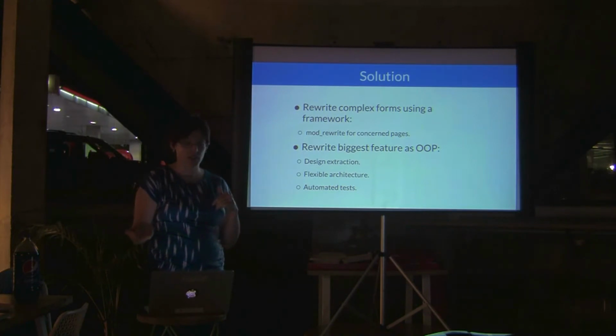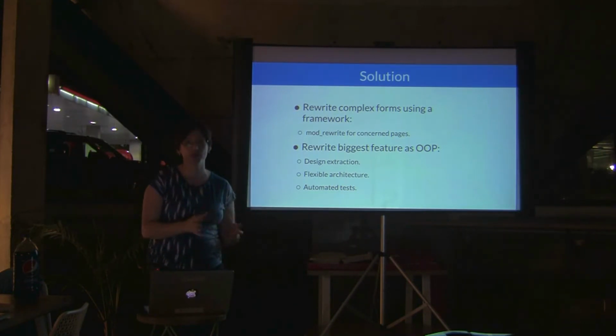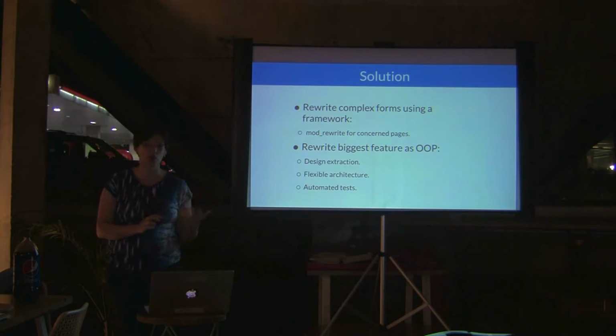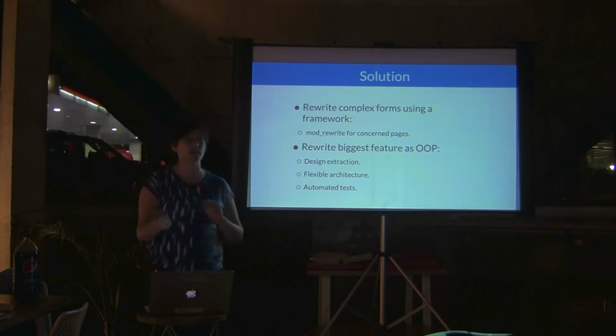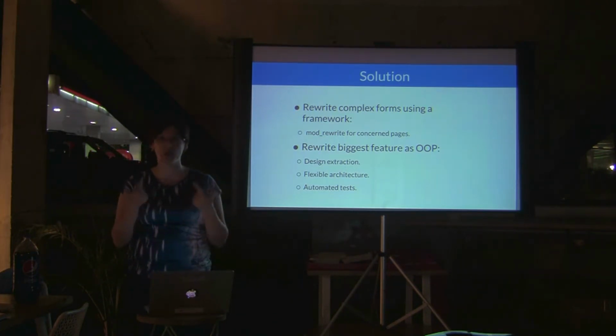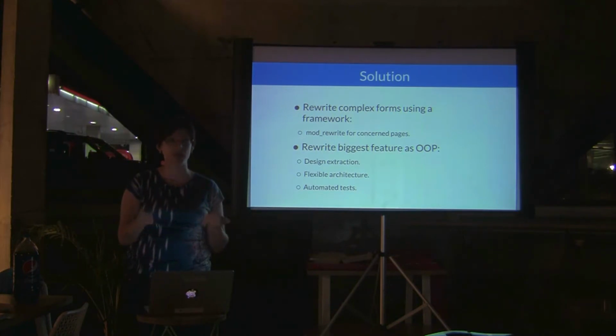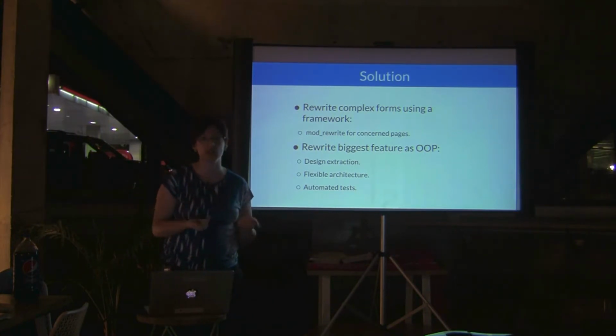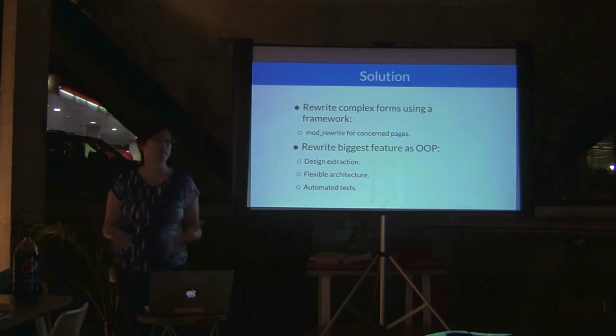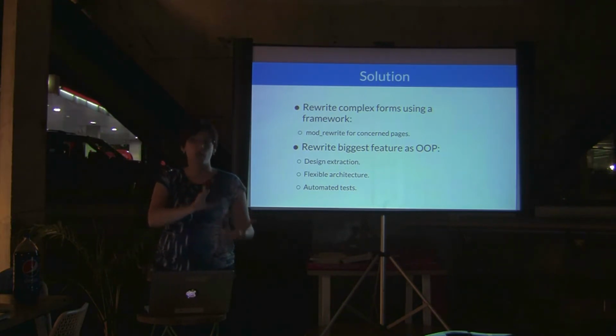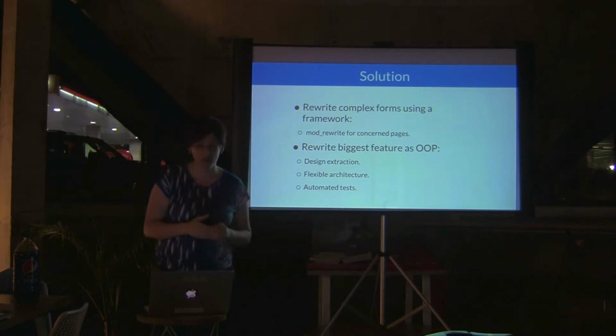And we rewrote one of the biggest features, the billing module, in OOP, because the stuff they were doing with SQL queries would no longer cut it with the new requirements for the things they needed to calculate. We reached the limit of what SQL could do, so we had to rewrite it properly with OOP.